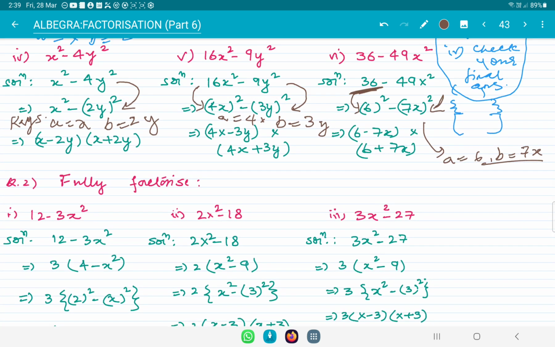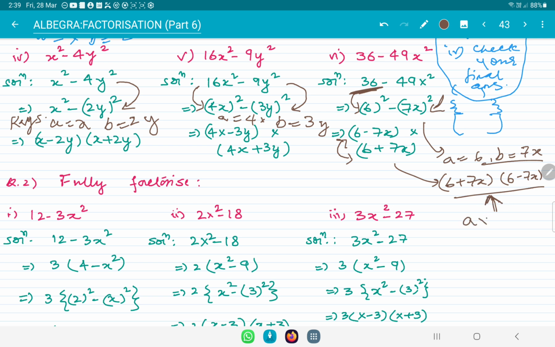One thing you should know is that if you change the place of your brackets, there will be no change in your final answer. If you write 6 plus 7x in the first bracket and 6 minus 7x in the other, there will be no change in your final answer, because of the commutative law of multiplication.